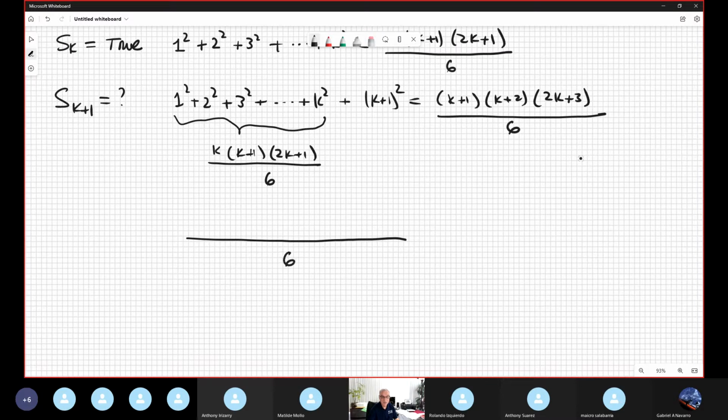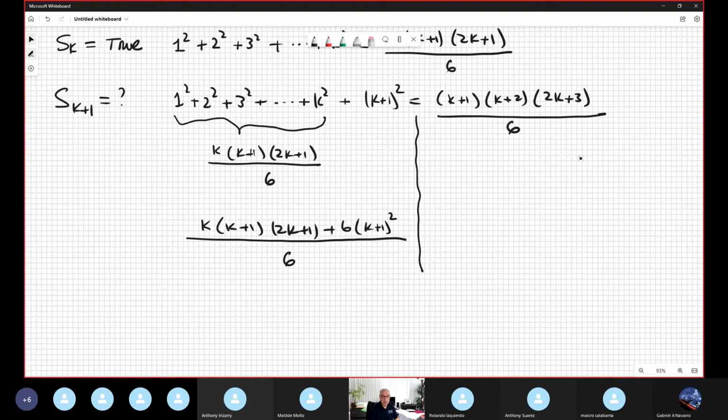So I'm working in the left hand side, guys. Forget about the right hand side. Maybe in one moment I need to manipulate. So k times k plus 1, times 2k plus 1, and we have here plus 6 times k plus 1 squared.